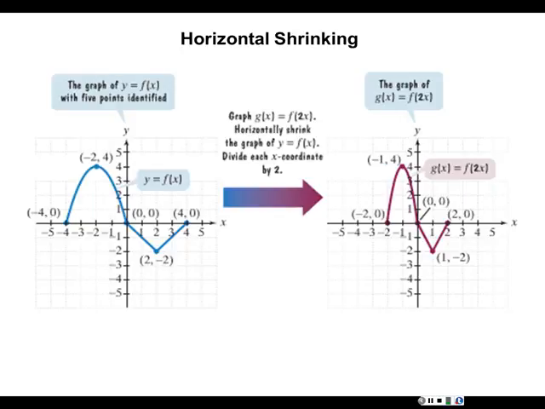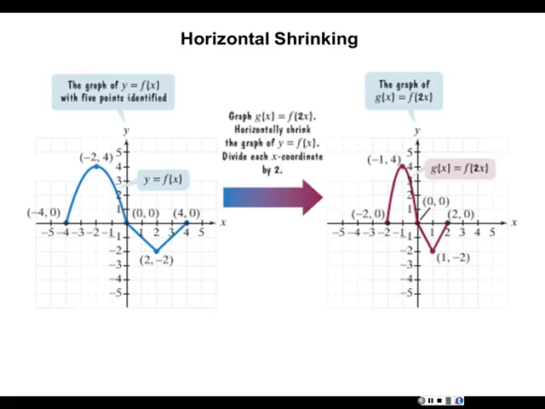This is an example of how the horizontal shrinking takes place. I think horizontal shrinking is a little bit easier to visualize than the vertical one. The blue graph is the original graph, and here you are multiplying the x by 2. You see the multiplication of x by 2. Therefore, by that multiplication, you are basically shrinking the graph. And look carefully at how you are shrinking.